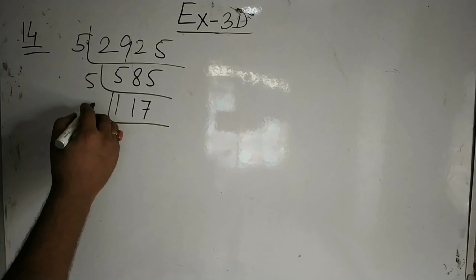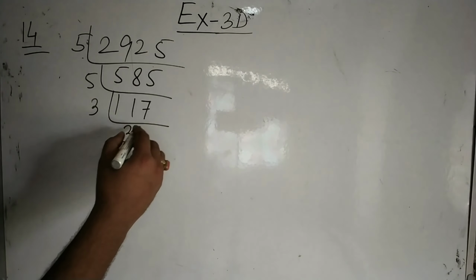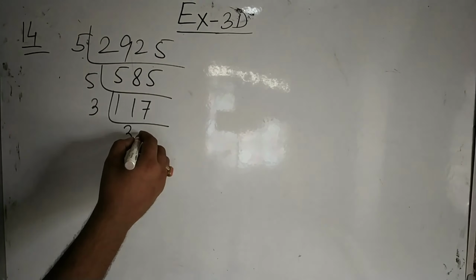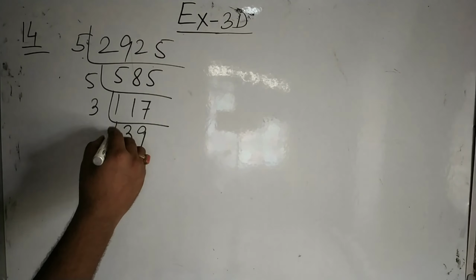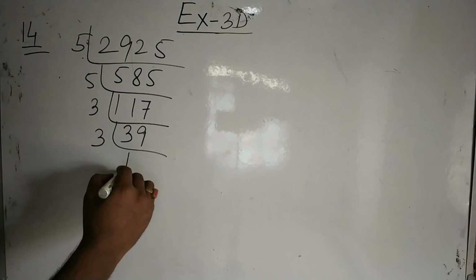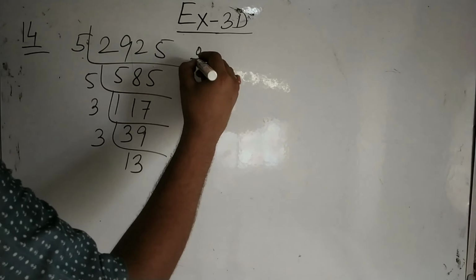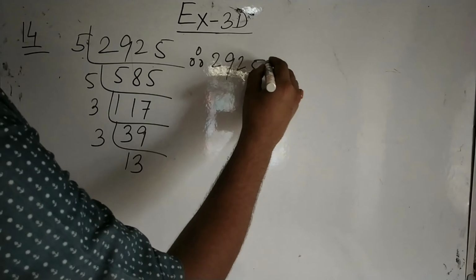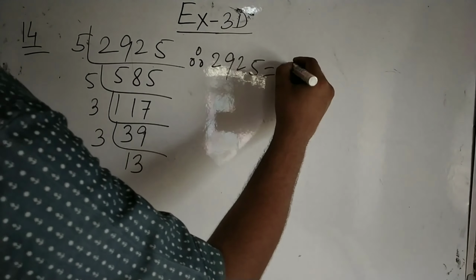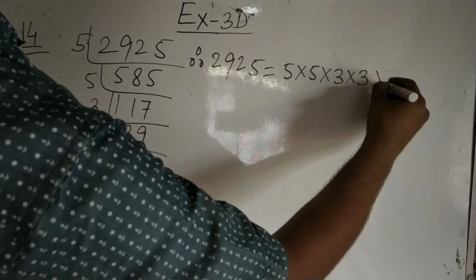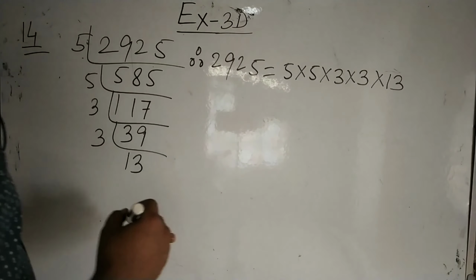So this number is divisible by 3. 3 3s are 9, 2 in hand, 3 2s are 6, 39, 3 3s are 9, 13. Okay, therefore 2925 equals 5 into 5 into 3 into 3 into 13.